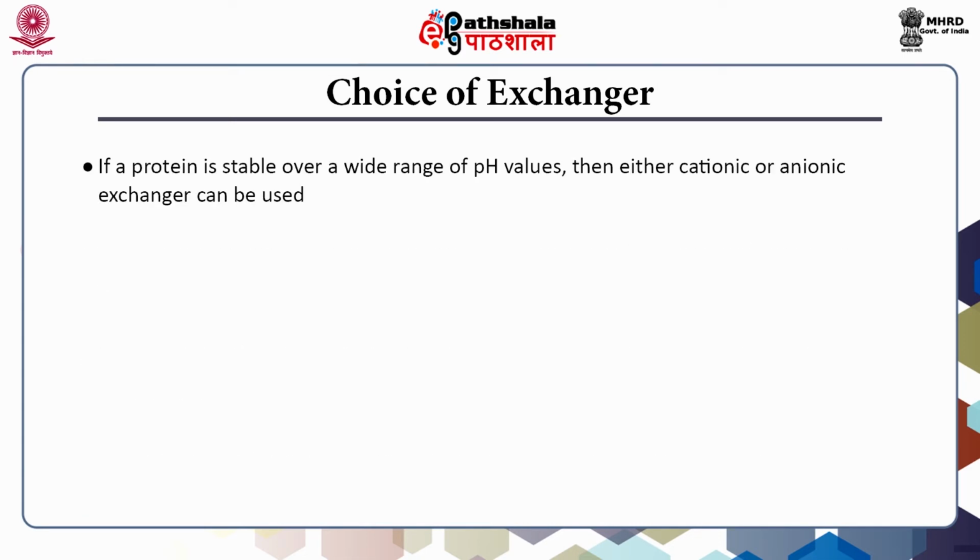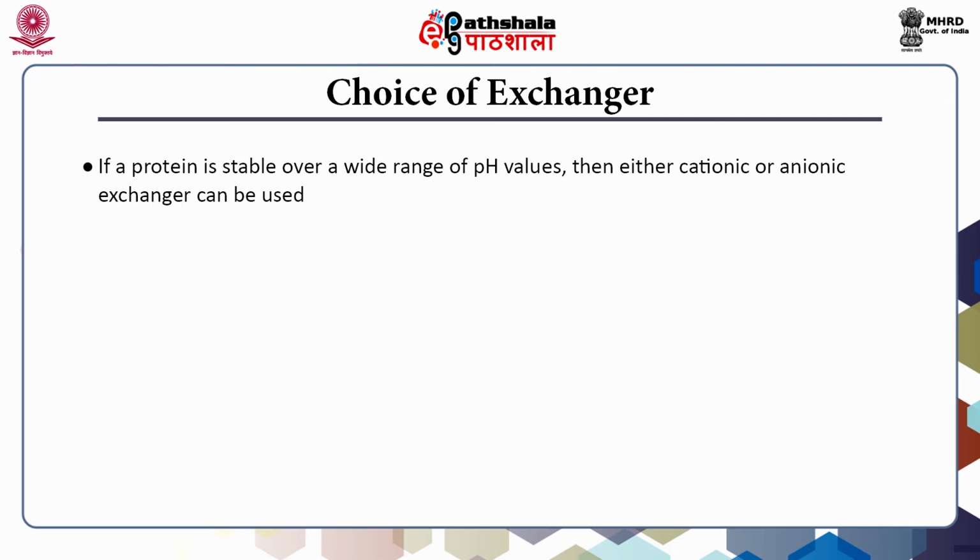If a protein is stable over a wide range of pH values, then we can use either cationic exchanger or anionic exchangers. Similarly, just now we have discussed what kind of exchanger we have to choose, either anionic exchanger or cationic exchanger. Let us discuss whether we need to choose a strong exchanger or weak exchanger.